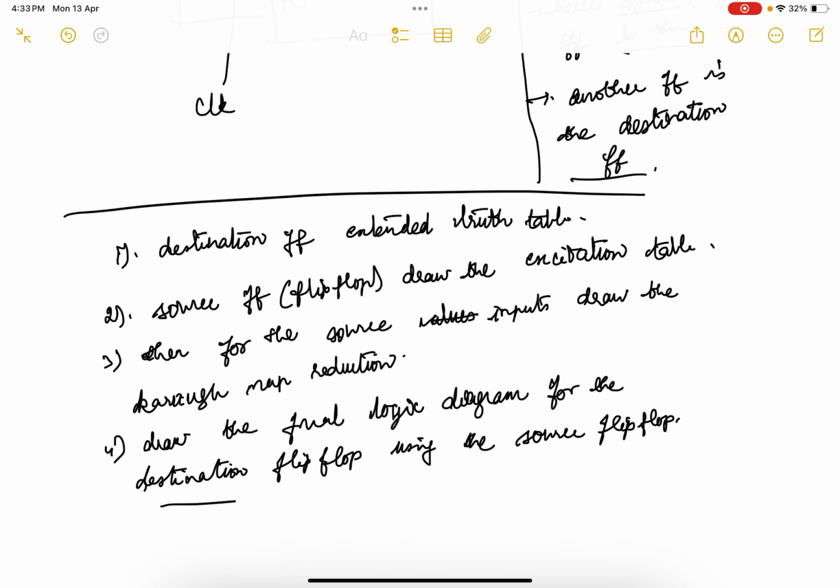Okay, so if you are clear in all these steps, it will be very easy for us.